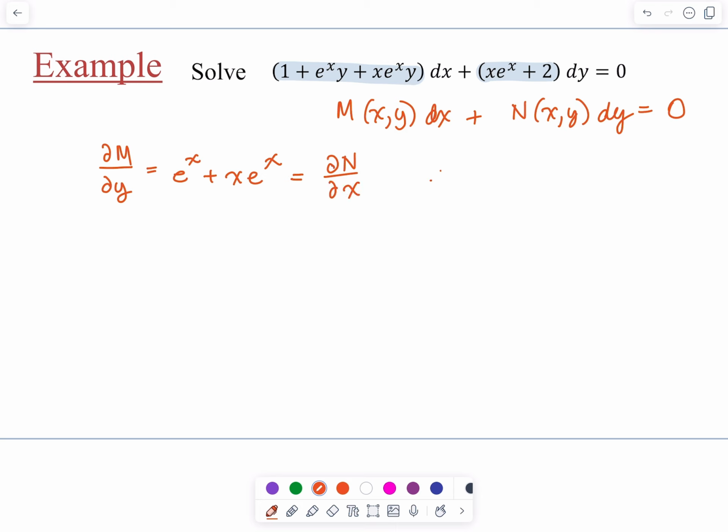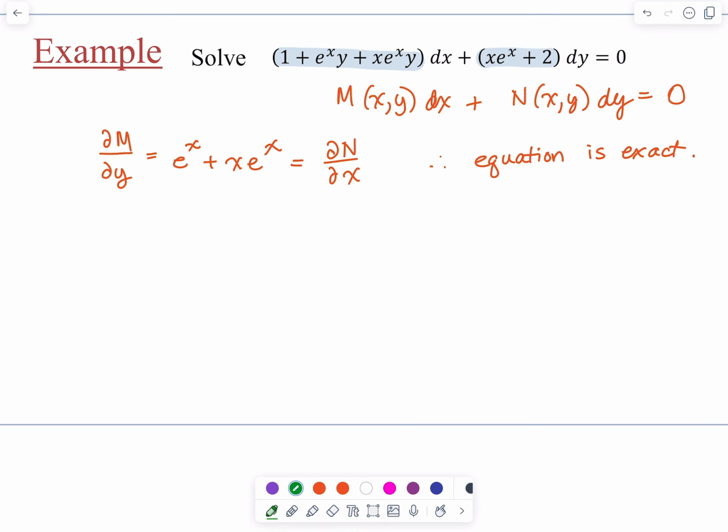Therefore, our equation is exact. Okay, so now we're going to integrate N with respect to y and come up with f(x,y) equal to the integral of x e to the xy plus 2 dy, and we're going to use a function plus h(x).